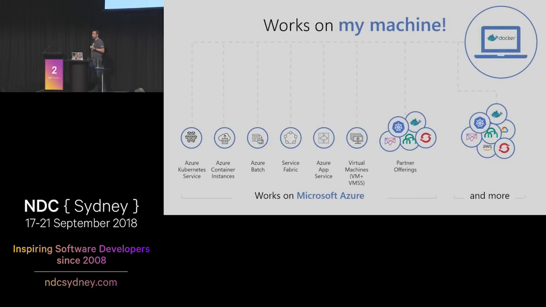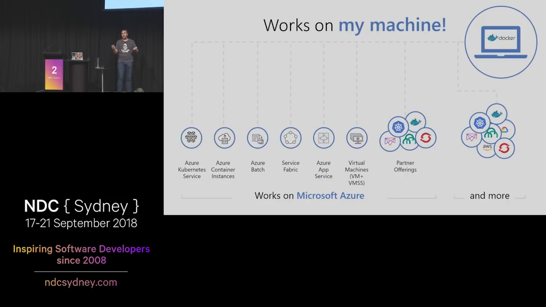The other thing that's really good about containers, and things that devs specifically love about them, is the "works on my machine." And when you have a container, it works on your machine. Basically, you're taking that container, every part of your application is contained in it. You can move that to another place where containers run, and generally it will work on that machine as well, and another one. And if you have a look at Microsoft Azure, for example, we've got a lot of places where you can run containers, including our first-party Azure Kubernetes Service.